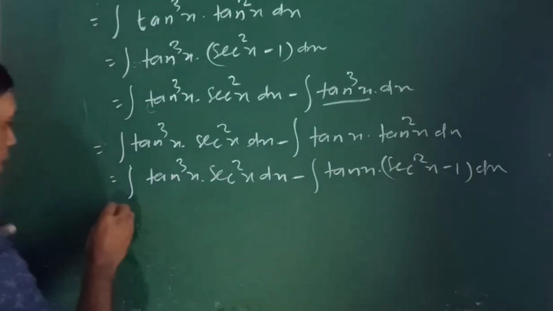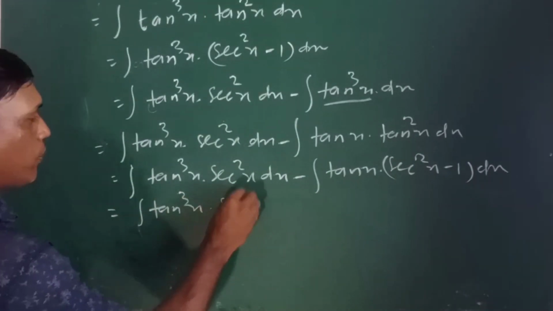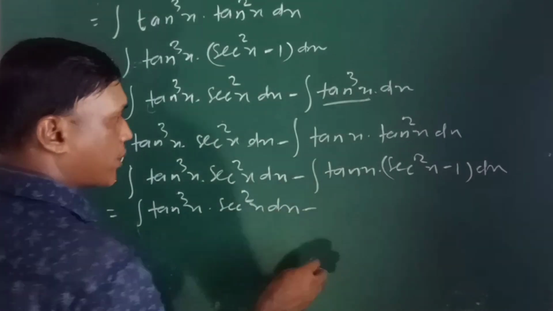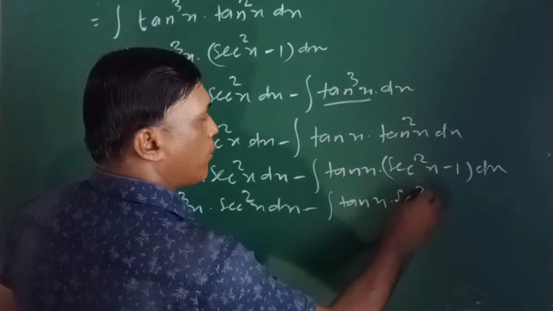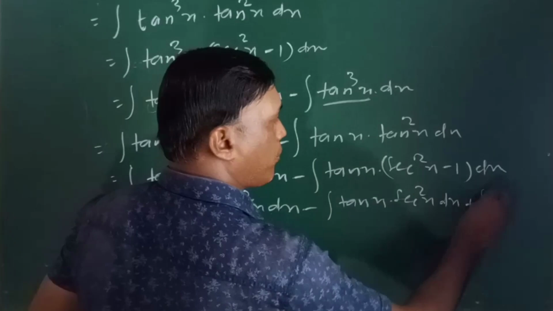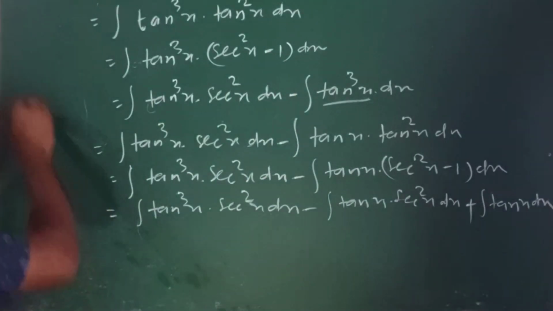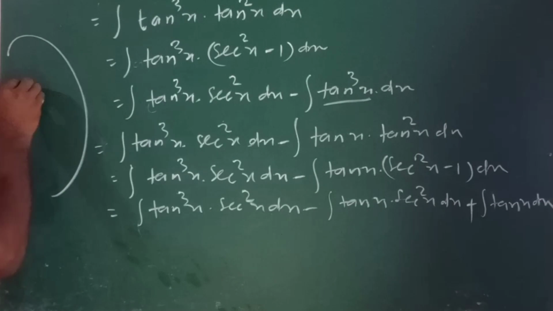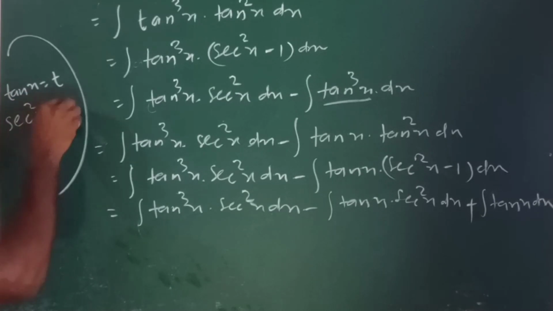Now this is tan cube x into sec square x dx minus, multiplying this, you get tan x into sec square x dx plus integration of tan x dx. So here you have to put tan x equal to t. I have already said put tan x equal to t, and as the derivative of tan x is sec square x, sec square x dx is equal to dt.